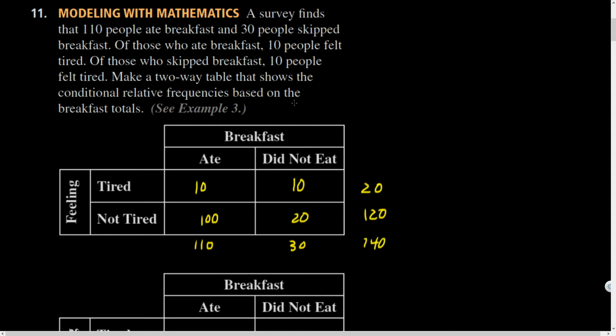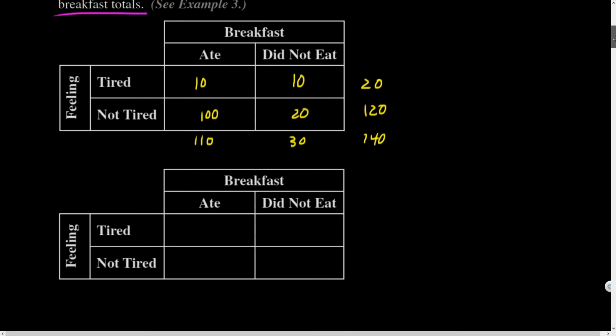All right. So let's see. Make a two-way table that shows the conditional. So we're going to be doing those given probabilities. Conditional relative frequencies based on the breakfast totals. And this matters depending on whether or not I'm working in rows or columns. Now, sometimes I do the table in between these, in which I compare to the total, which would be the joint relative frequency.